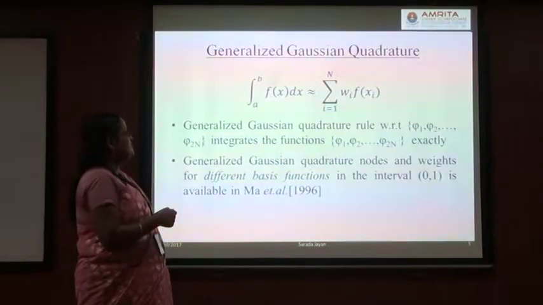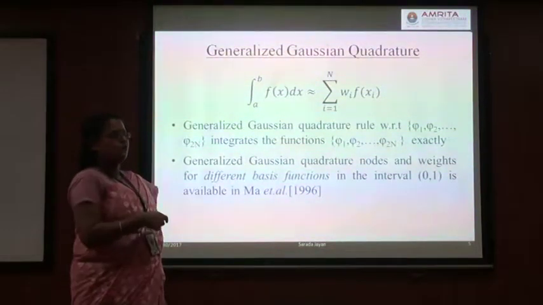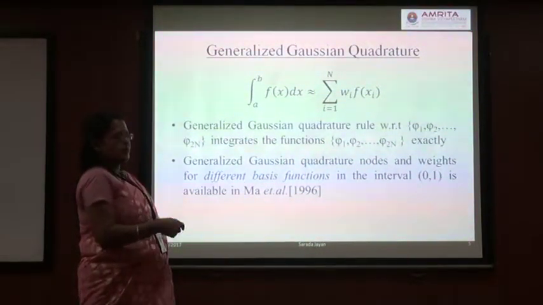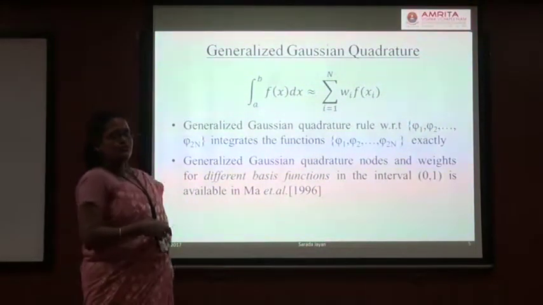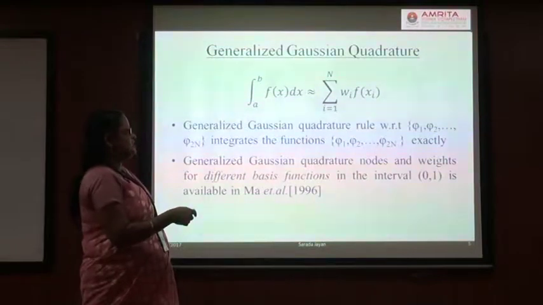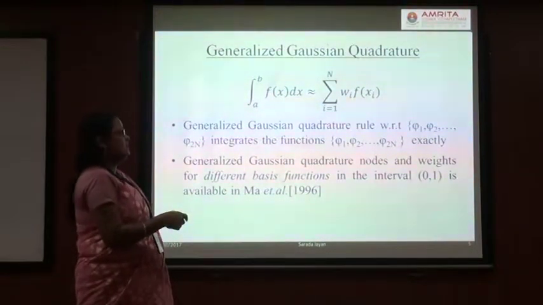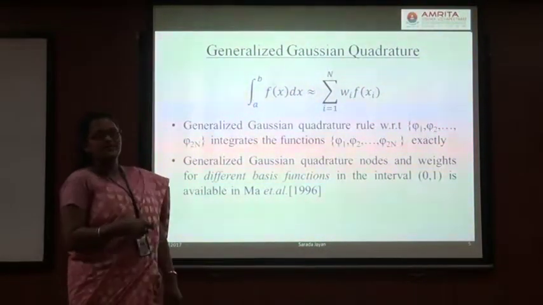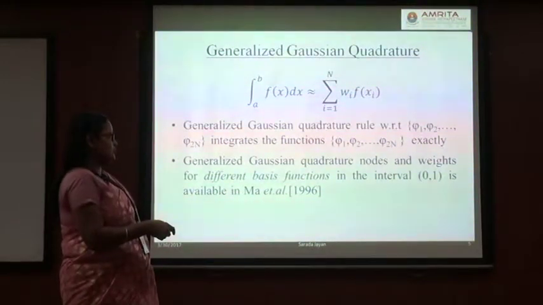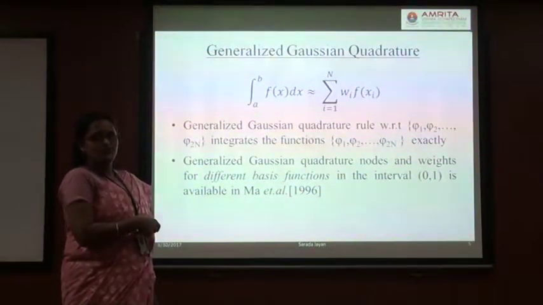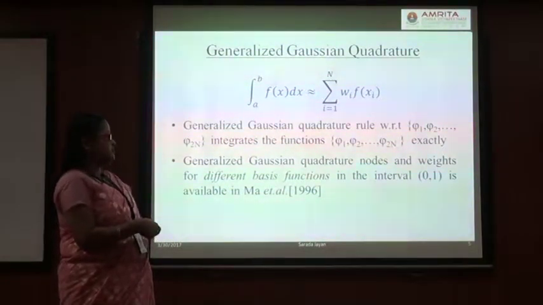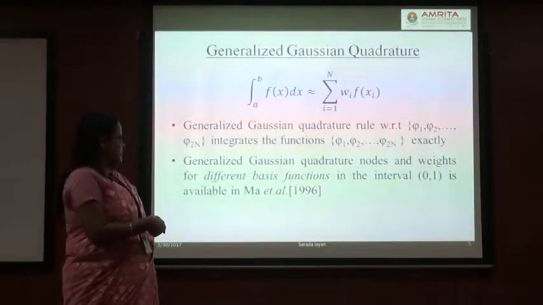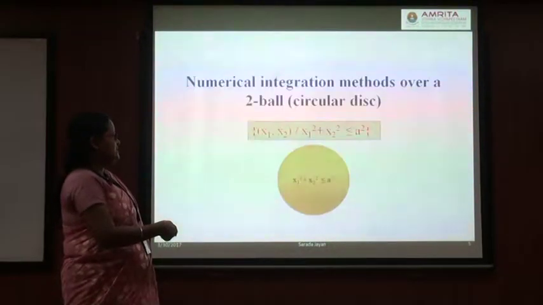In such a case, we say it is a generalized Gaussian quadrature formula with respect to those 2n functions. The xi values are called the nodes and the wi values are called the weights. The generalized Gaussian quadrature nodes and weights for different basis functions in the interval 0 to 1 are given in a reference paper by a person called Ma.